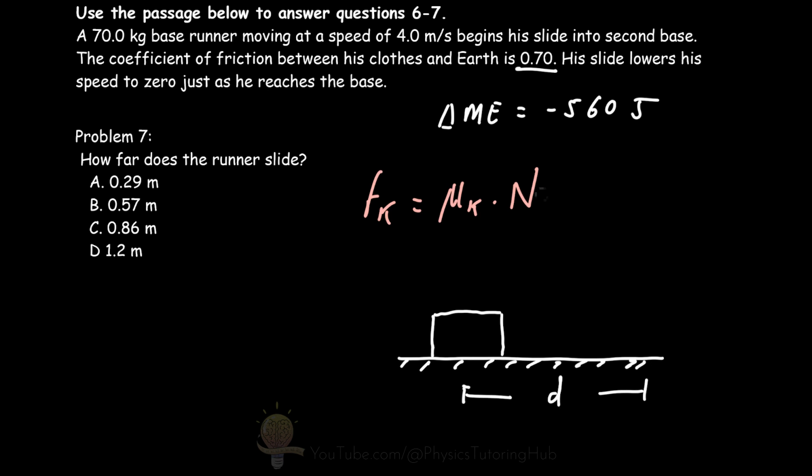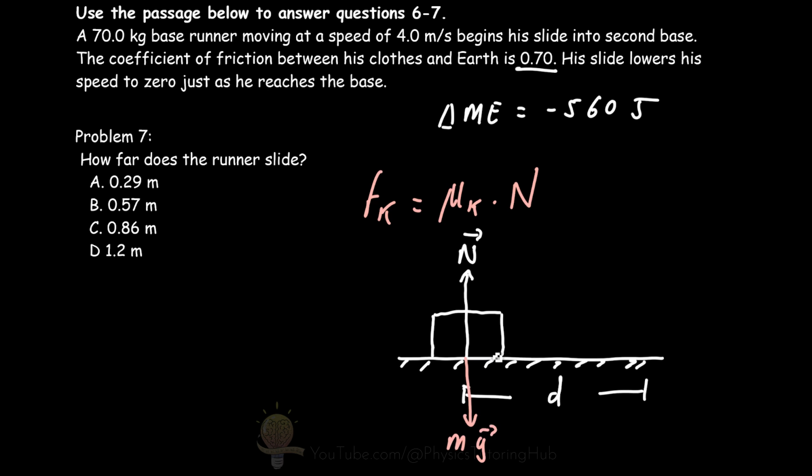But we're interested in the normal force here, which acts in a perpendicular direction to any surface that the object is resting on. And we also have another force pulling downwards, and this is the weight of the base runner. And that's equal to his mass times the acceleration due to gravity.